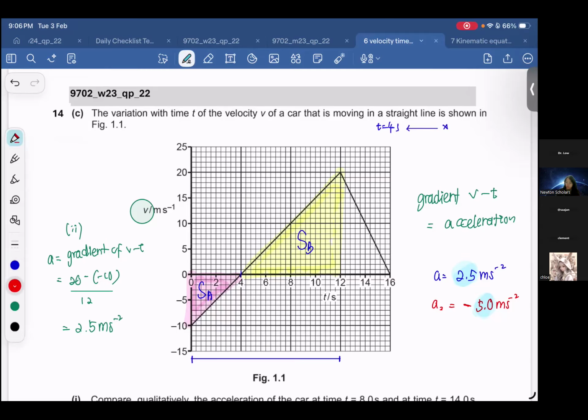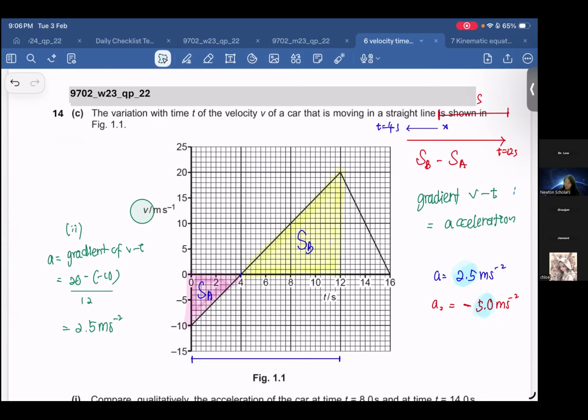It starts from here moving backwards. So we set to the right as positive. So until here, time is equal to 12 seconds. So how do you find the displacement? You should find it using the distance at region B minus the distance at region A. If you do it all correctly, your answer should be 60 meters. Were you able to get 60 meters?